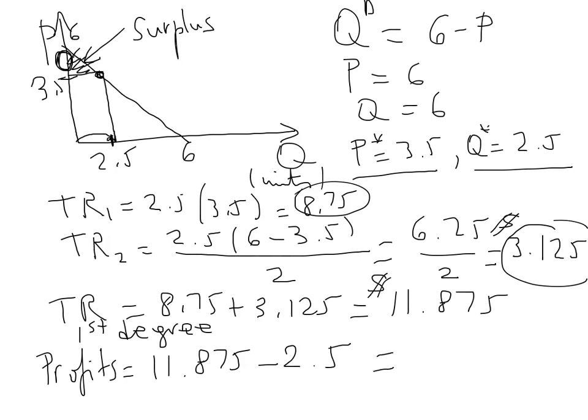So my total profit is going to be, if we do this calculation, 9.375. So you can see this profit is higher than the one that we had previously on single price monopoly, which was 6.25.